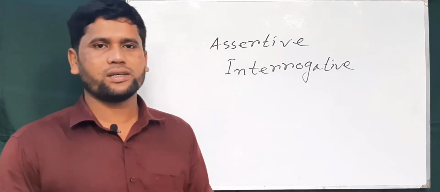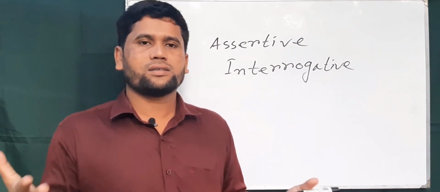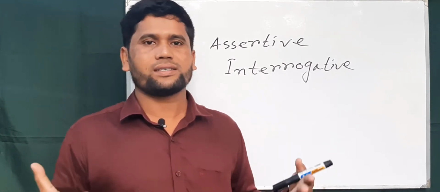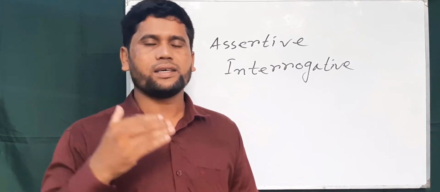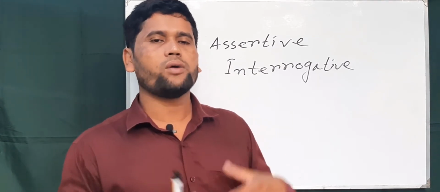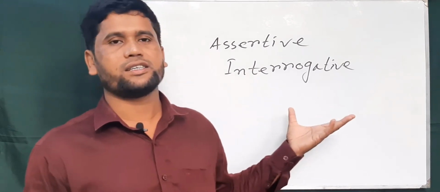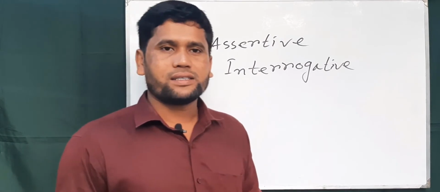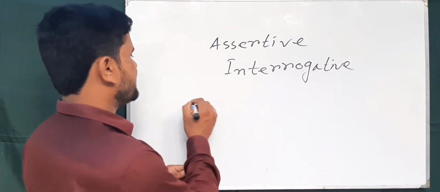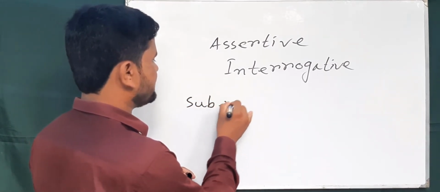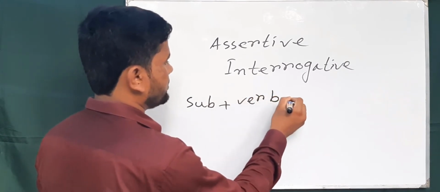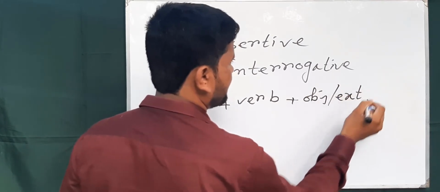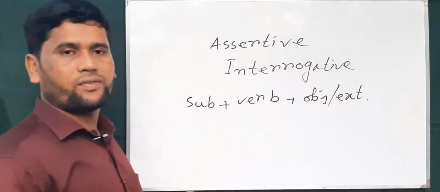So, dear student, we have already known what is an assertive sentence, but I think you need to know how we can identify an assertive sentence from a passage. An assertive sentence may start with subject plus verb plus object or extension, and at the end we find a full stop.